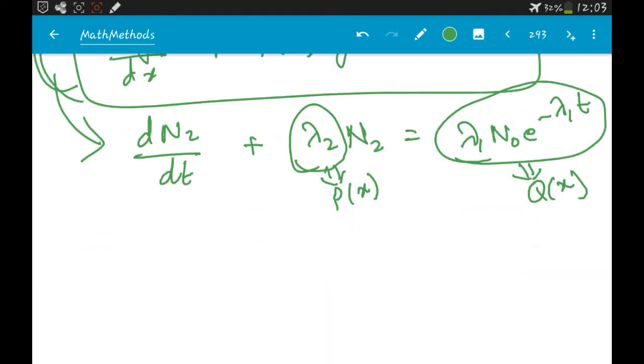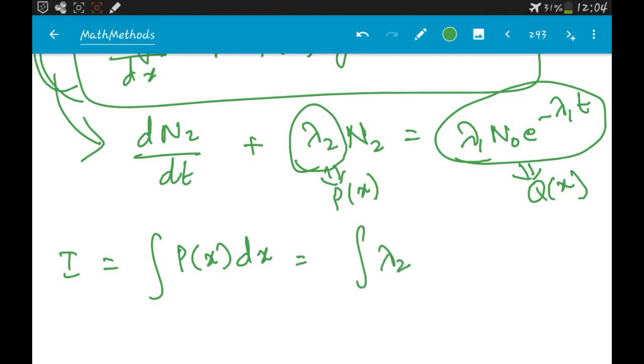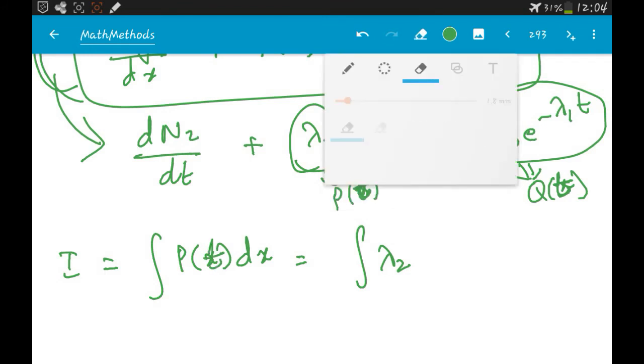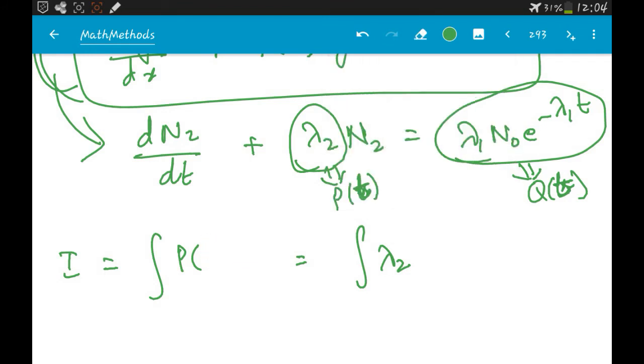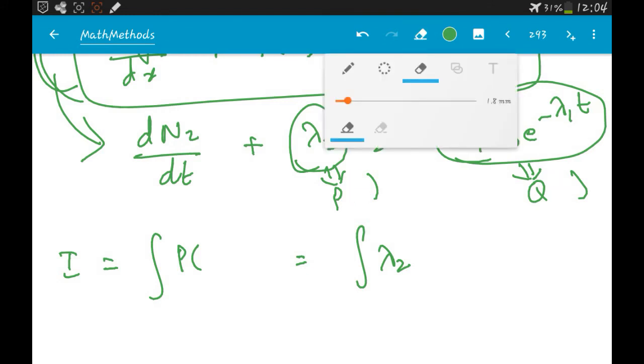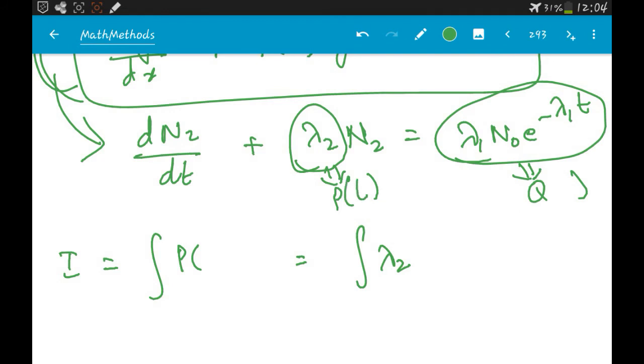Now all we have to do is find the integrating factor, which is the integral of p of x dx. Because it's in terms of t, this is p of t and q of t.